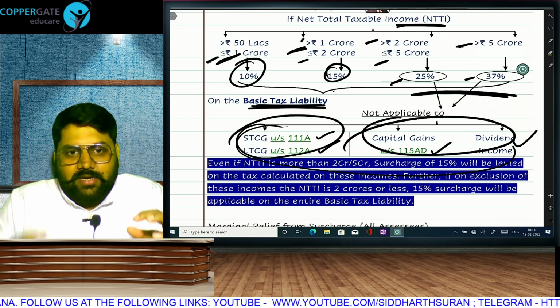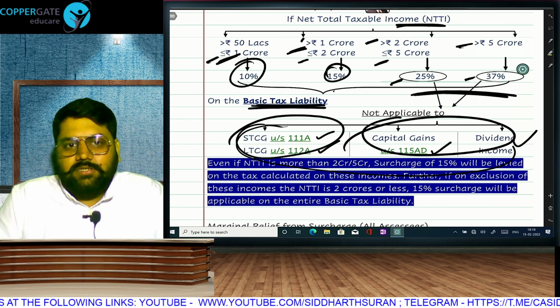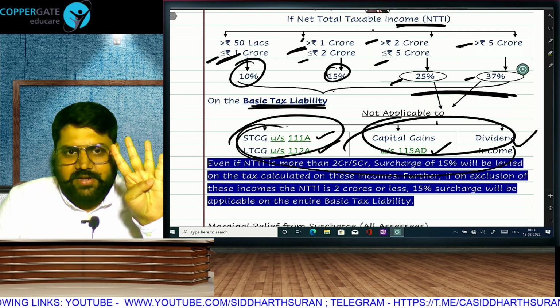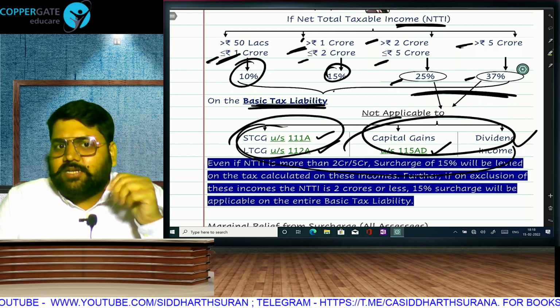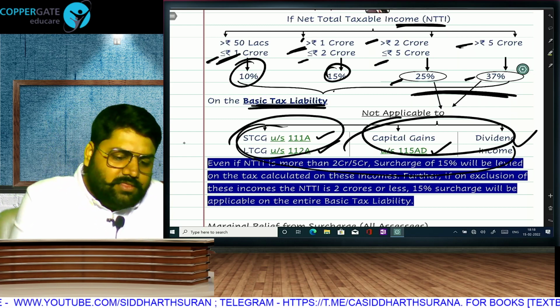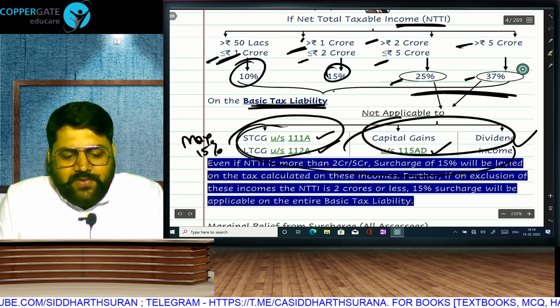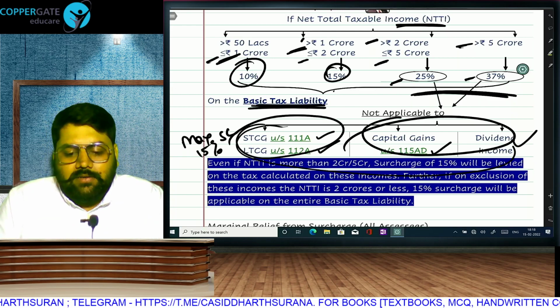These incomes, other income. The incomes that are stated over here, these 4 special incomes, 111A, 112A, 115AD, dividend. On these 4 incomes, whatever is your basic tax, the maximum surcharge will be 15%, 25 and 37 will not be applicable.